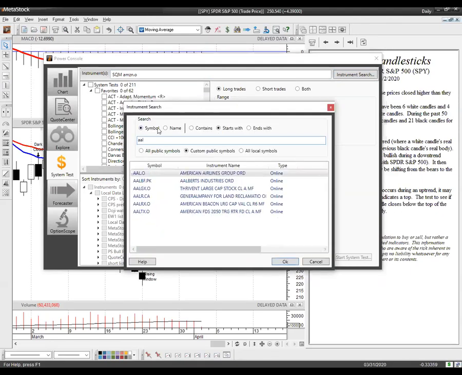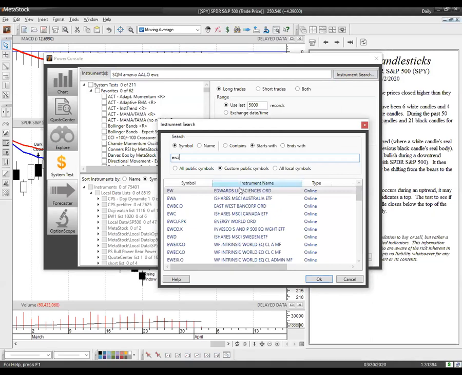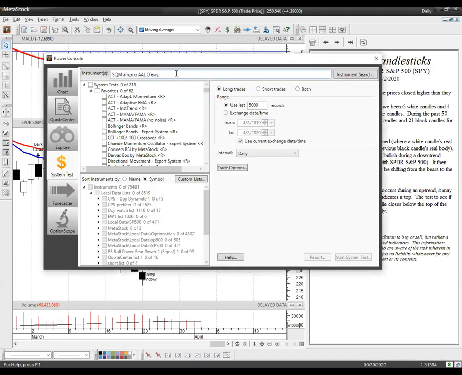AAL, American Airlines. I'm a big fan of looking at airlines right now. EWZ, let me check the symbol for that one. Yeah, okay, the Brazil ETF. That'll be interesting to look at. I'm going to do DIA too.